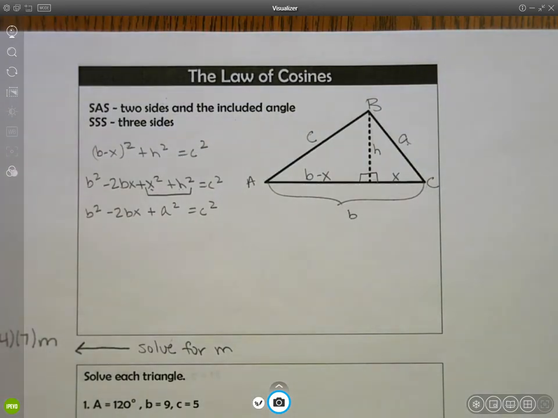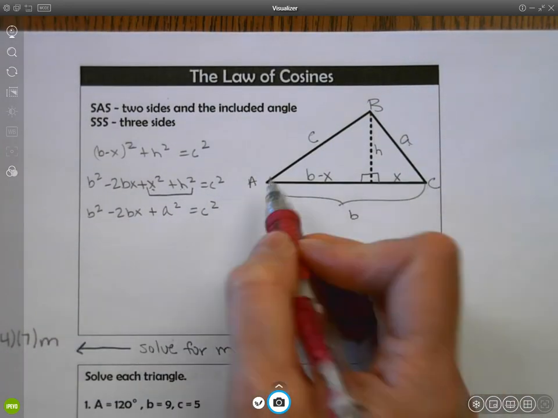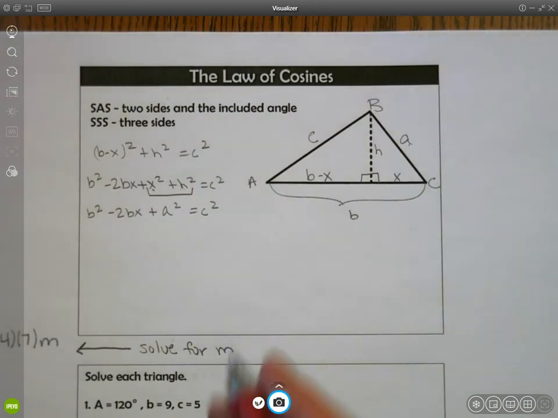Alright, so now I need for X not to be in the problem anymore so that I have only things that pertain to the outside triangle, that triangle ABC.